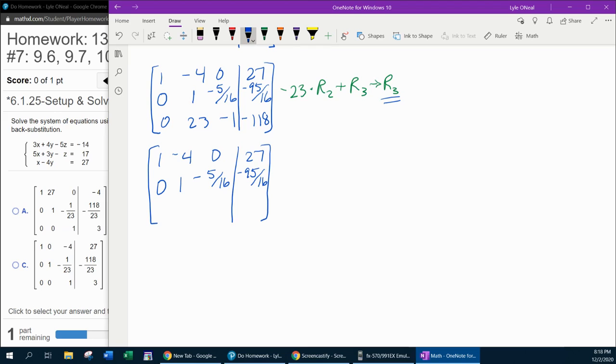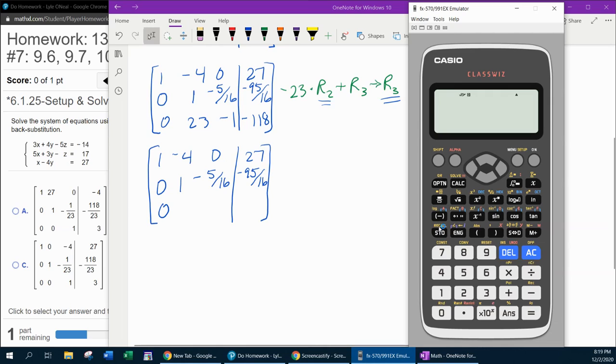Now to execute the row operation, we're going to multiply negative 23 times every element in row 2. Starting with 0, negative 23 times 0 is 0, and then add to the corresponding element in row 3 gives me a 0. Next, maybe it would be easier if I show this with the calculator.